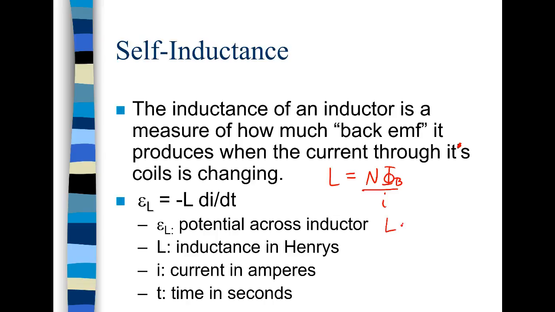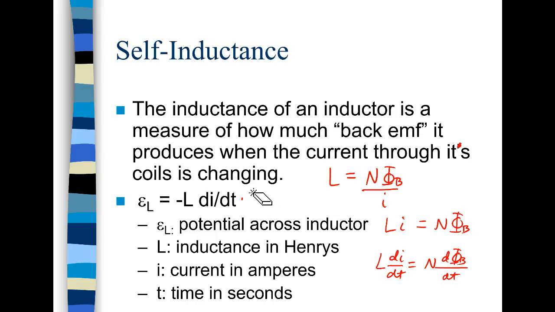This suggests that Li is equal to N times the flux. Now there's also an N in this equation if you have many loops. Okay? Now if we take the time derivative of this, we'll have L di/dt is equal to N d flux/dt.